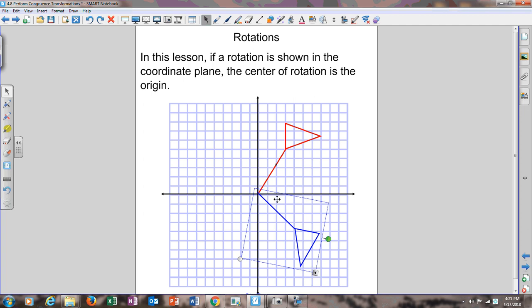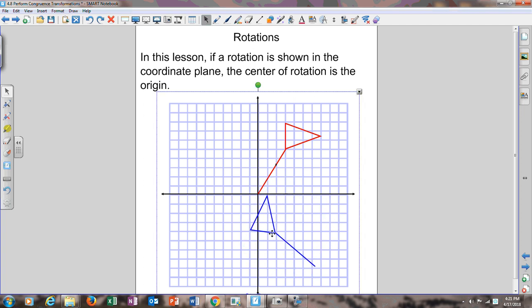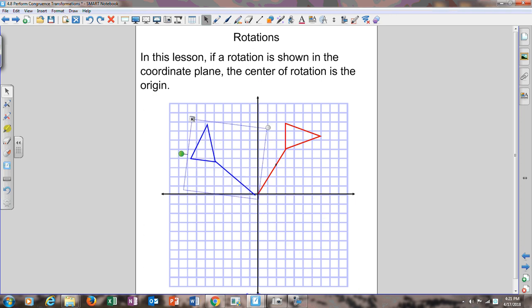So this would be rotating 90 degrees clockwise. If it asks you to rotate 90 degrees counterclockwise, that's going to look like this. If it asks you to rotate 180 degrees, it's going to be coming down like this.